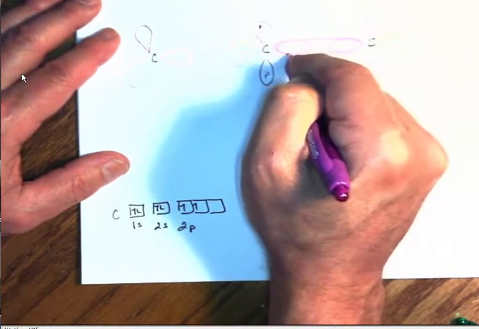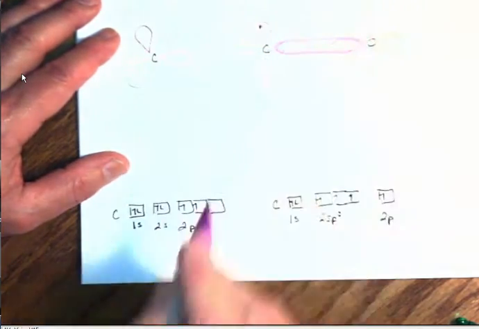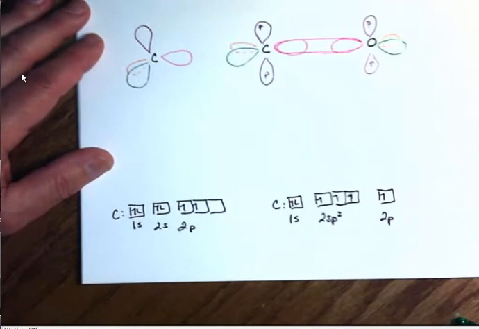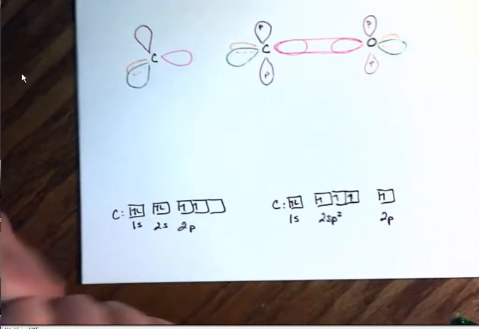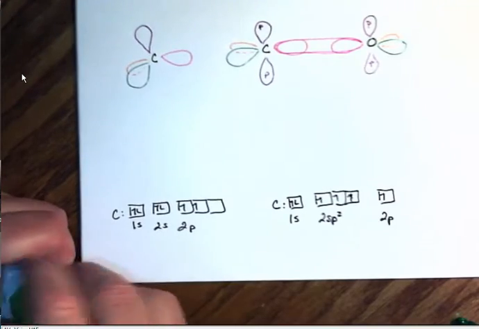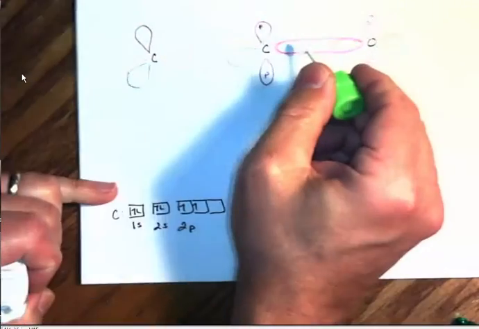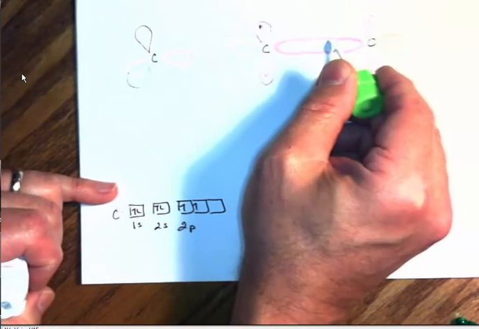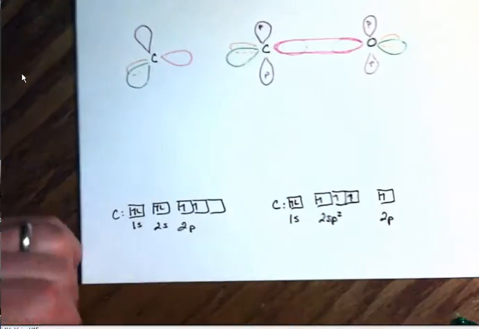Okay? So it's hybridized into that. That makes sense? So on the oxygen, on the top and the bottom, those are two p orbitals that did not hybridize. Okay?